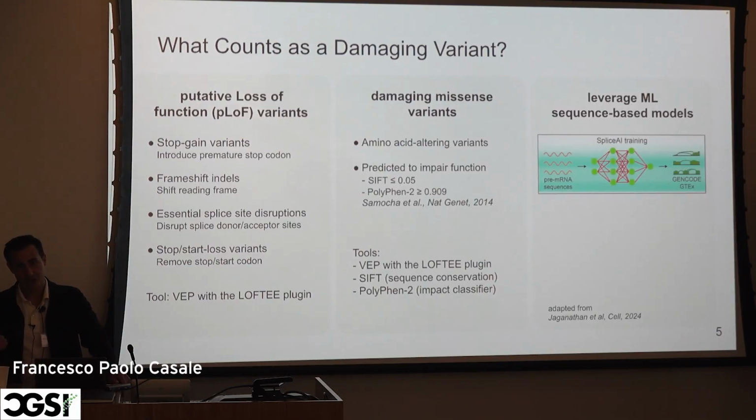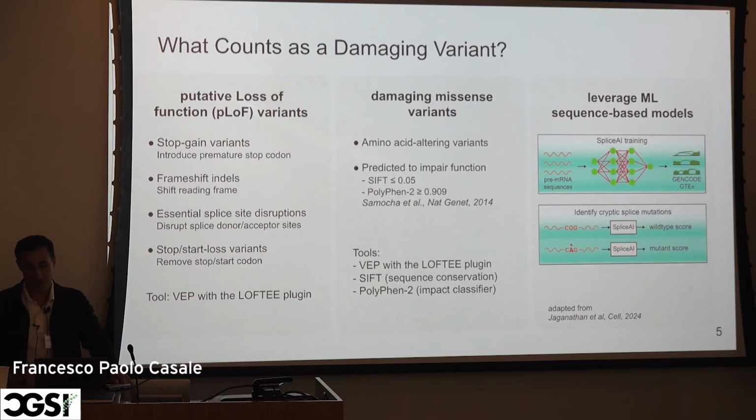A more recent way in which you can define damaging variants is using machine learning sequence-based models. There are many of them, and here I'm making one example with SpliceAI. This is a model that was trained to predict splicing from the genetic sequence. After you train the model, you can give it the reference genome and you get a wild type score.